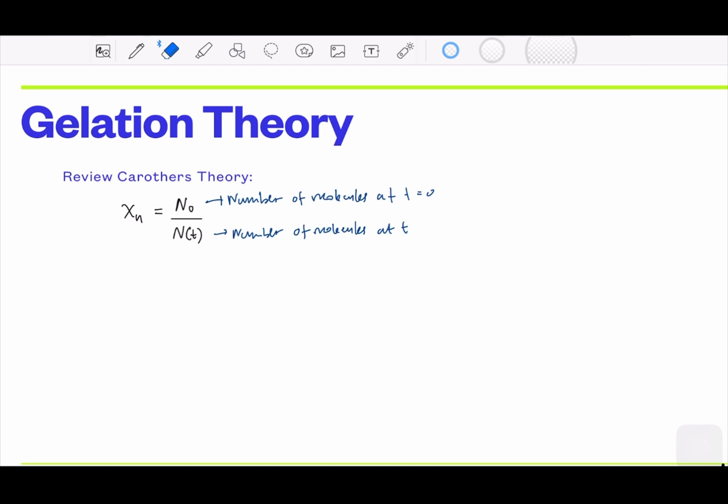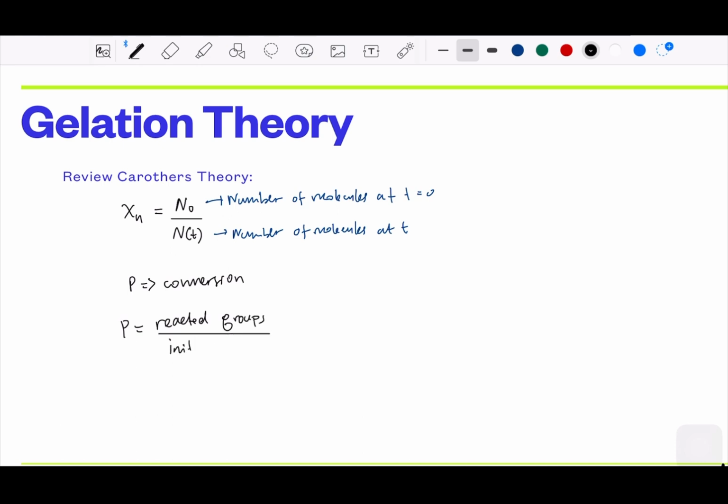And then another important thing in the characters is the P, the conversion. We say P is the reacted groups divided by initial groups. Remember that in characters, what we are going to see is how much the functional groups are reacted. Other components do not significantly affect the reactions. Only the functional groups.